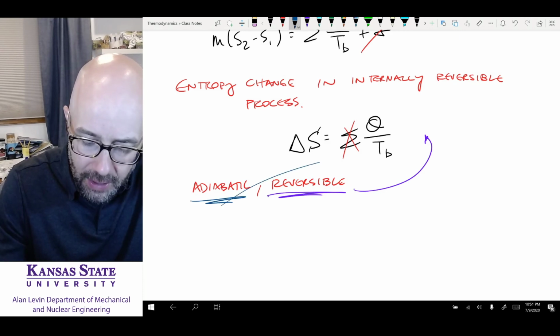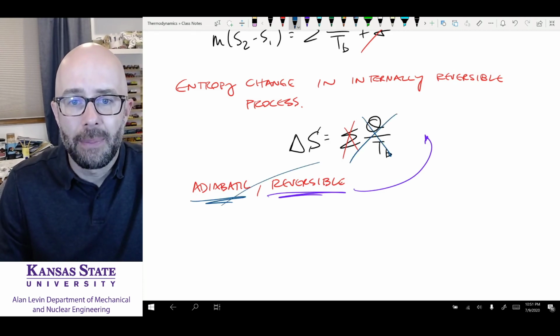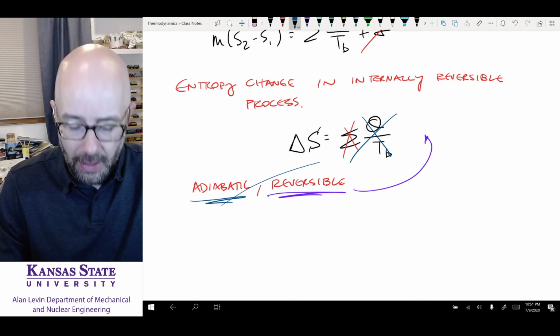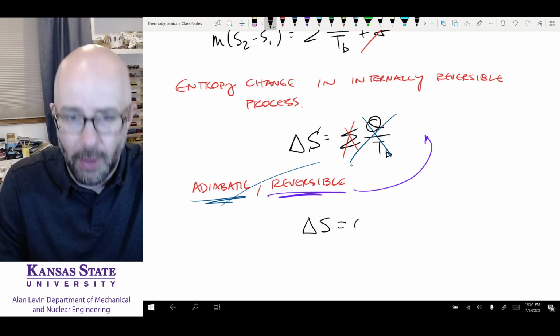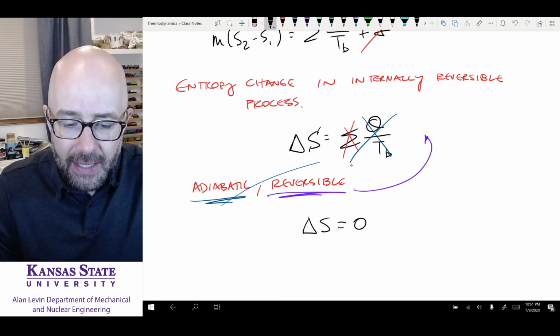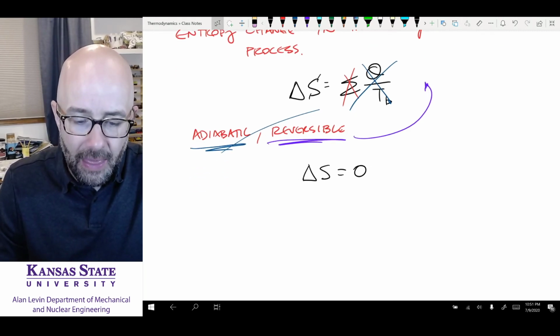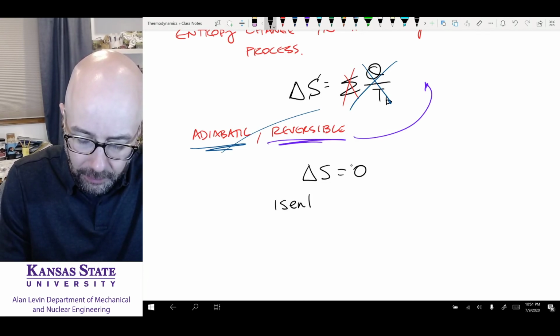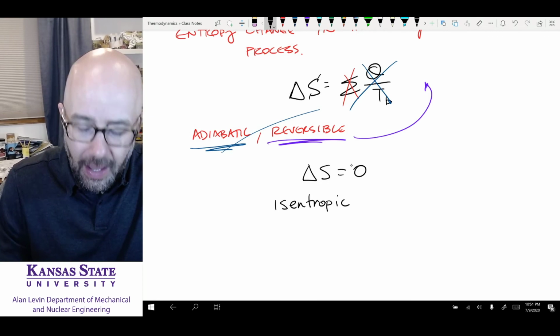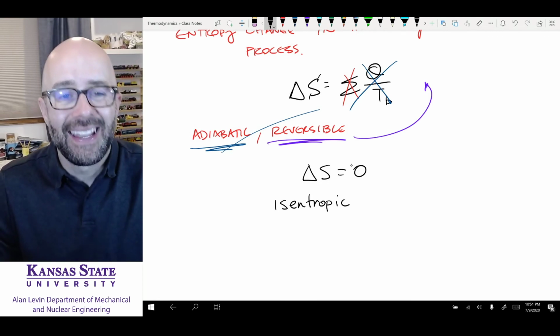Adiabatic would mean that this goes away. If adiabatic and reversible, our equation comes down to this: delta S is equal to 0. Delta S equal to 0 is something that we call isentropic. Entropy does not change. It's isentropic.